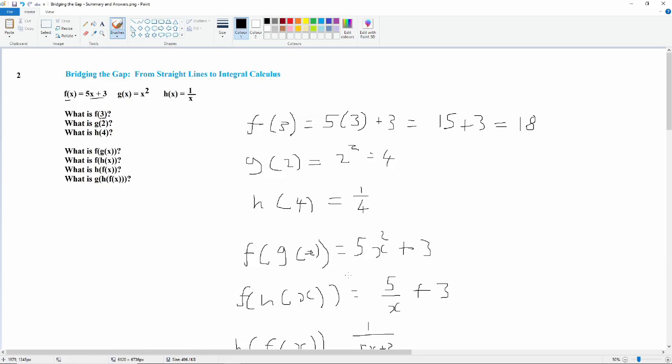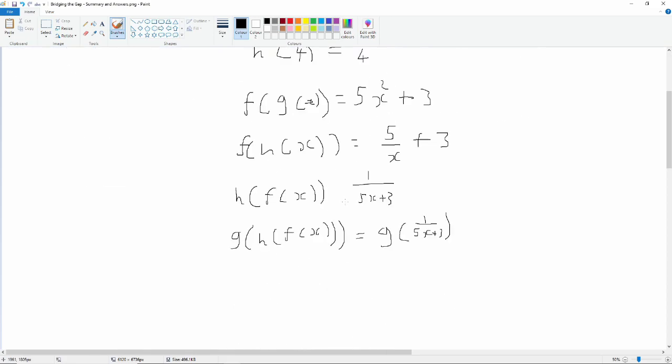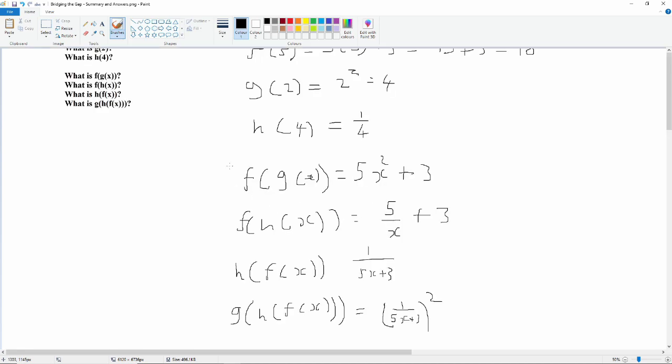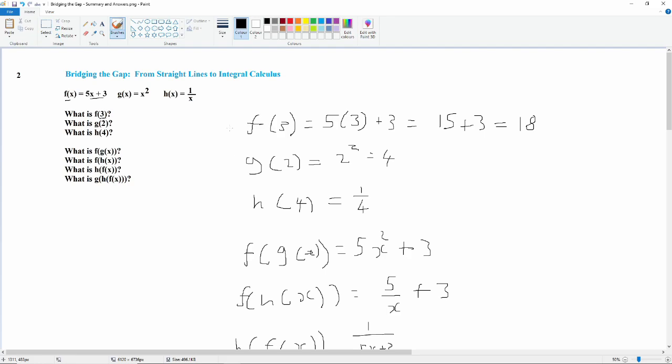And g of x is defined as x squared, so we can get rid of the g and just say that it's all of this squared. And that's our answer to part 2, or all of the answers to part 2.